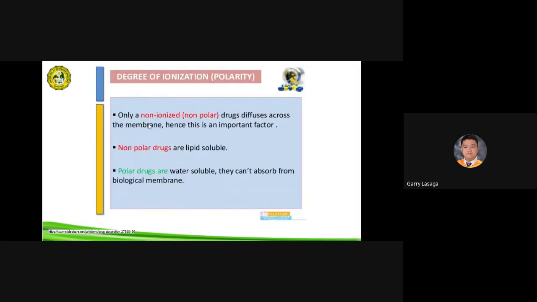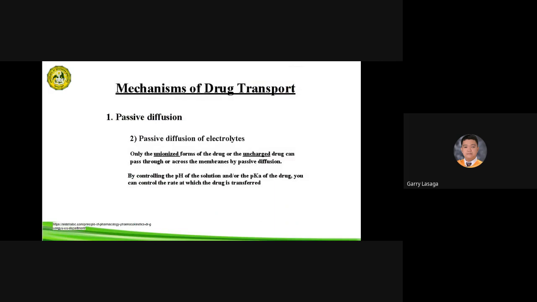So only the non-ionized drugs will diffuse across the membrane. Non-polar drugs are lipid-soluble. Polar drugs are water-soluble and they can be absorbed now from the biological membrane. So for the passive diffusion of drugs, only the unionized form of the drug will be able to be absorbed by passive diffusion.